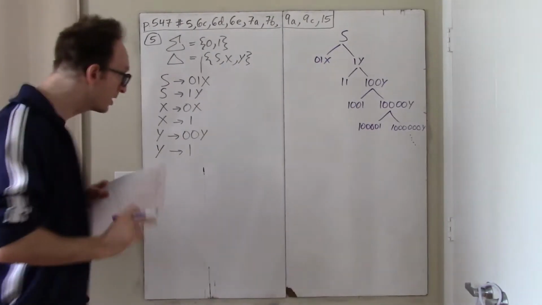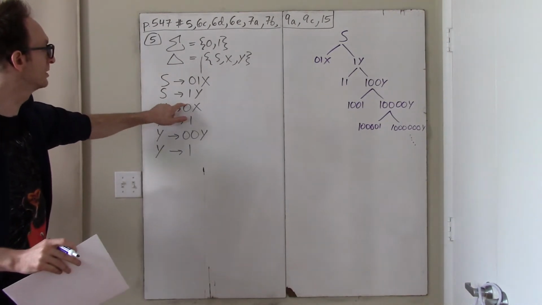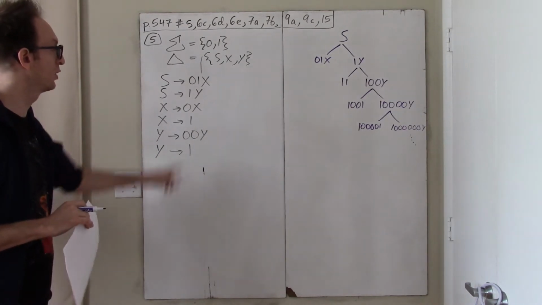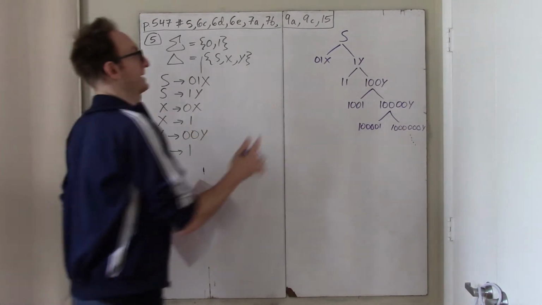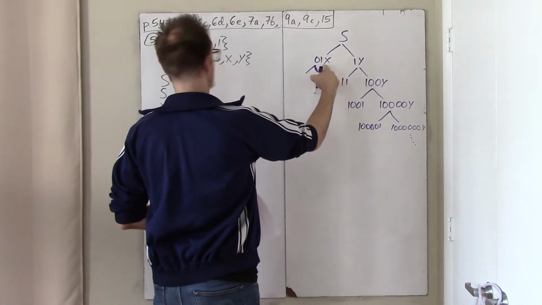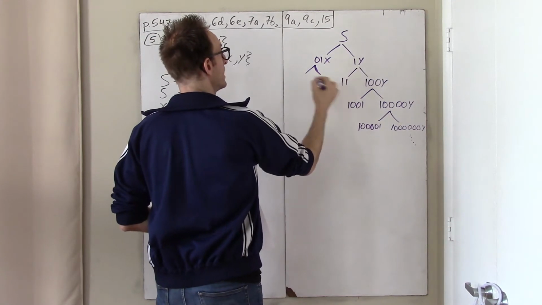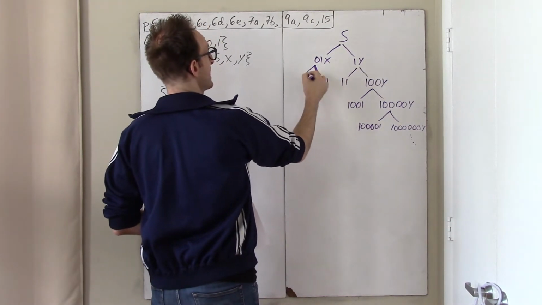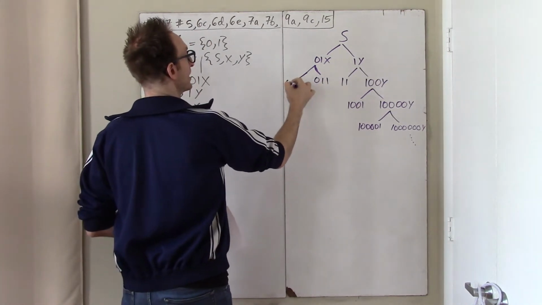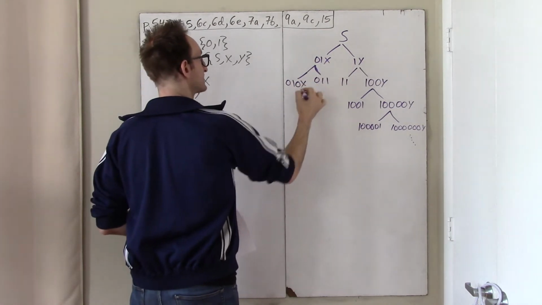What about the other option? What does X do? X either terminates in a 1 or gets replaced with 0X. So X could just be a 1, and we end up with 011. But we also might end up with 01 and instead of that X we get 0X.